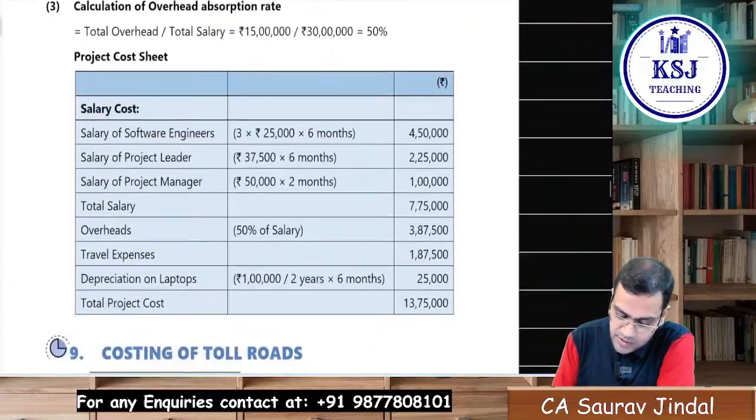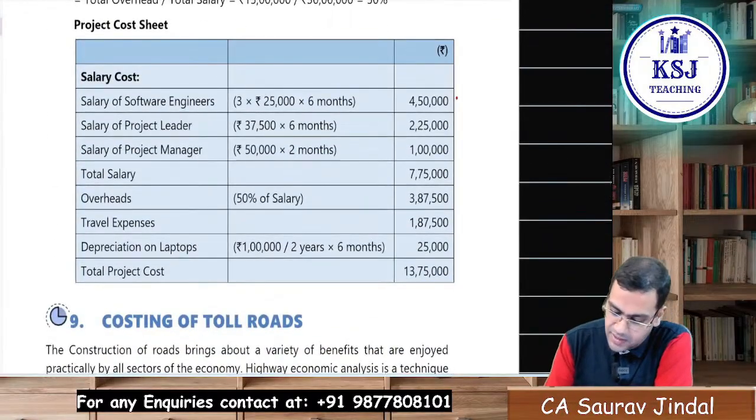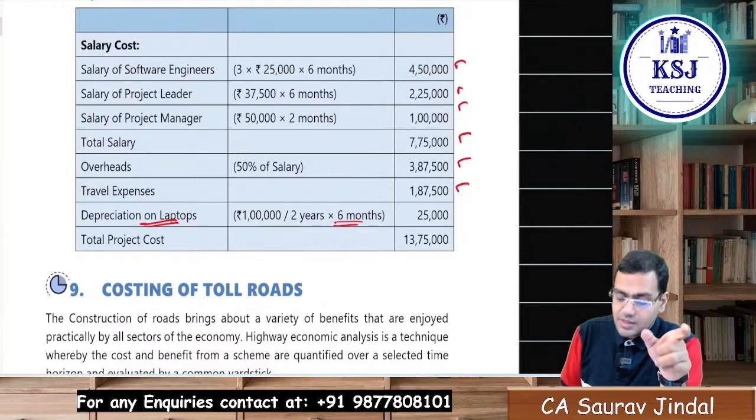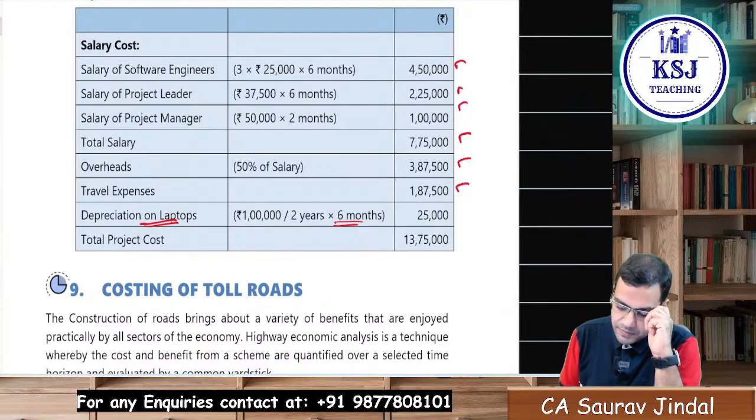So this is what is there, sir. Let's see. Salary 7,75,000, overheads 3,87,500, travel expenses are there, and the depreciation on the laptop will obviously be there for 6 months. You have to charge 6 months depreciation. Please be very careful, right? 6 months depreciation is to be charged.